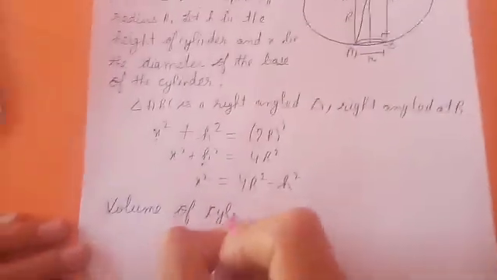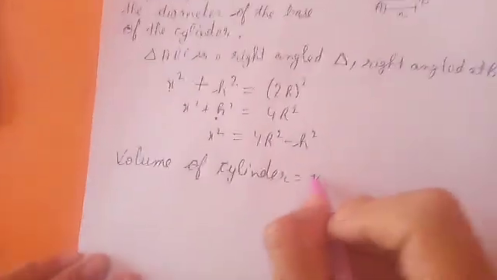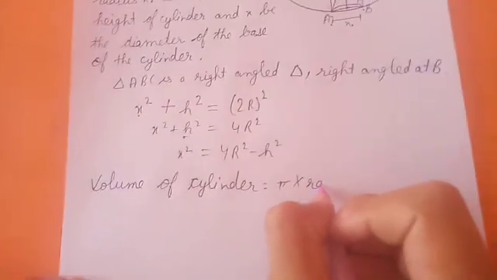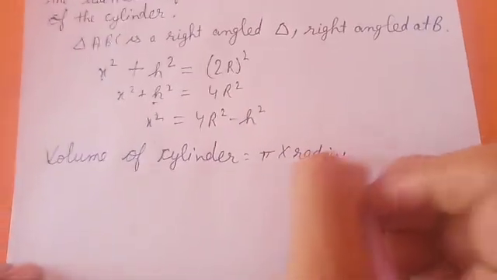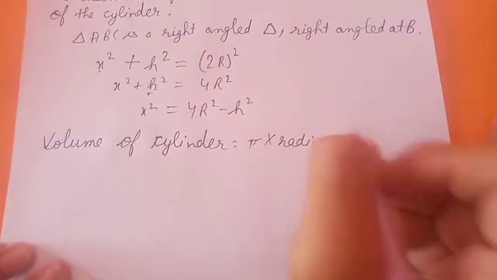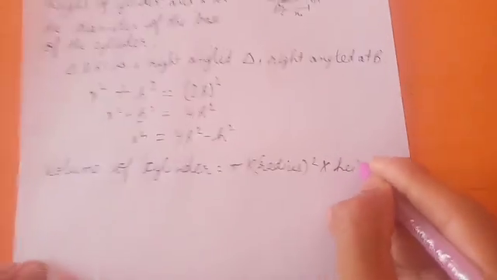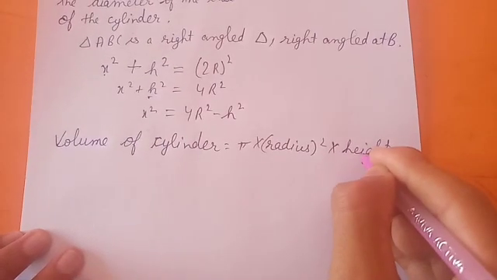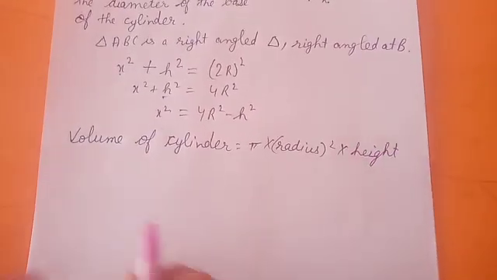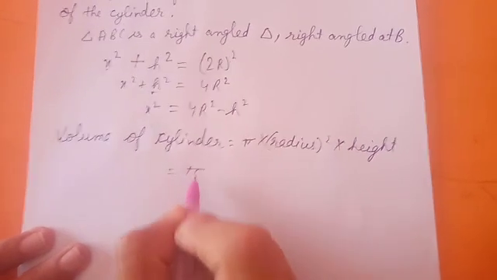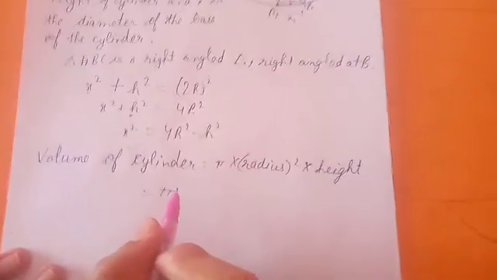Volume of cylinder is pi into radius square into height. What is the radius?